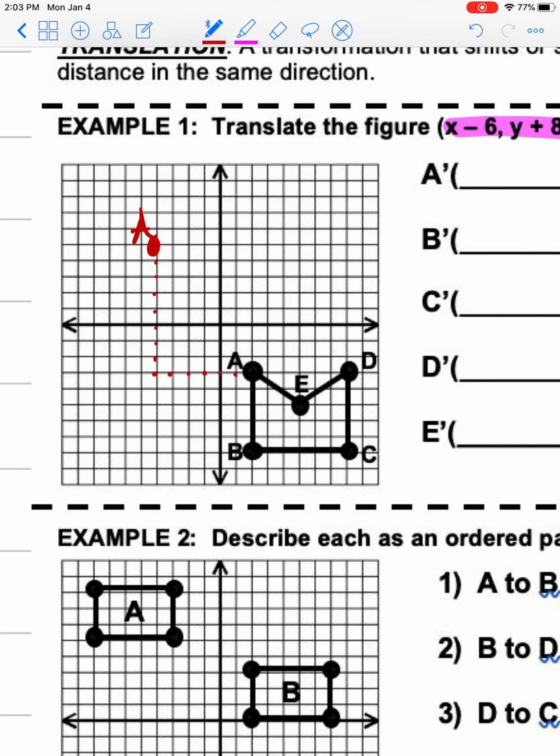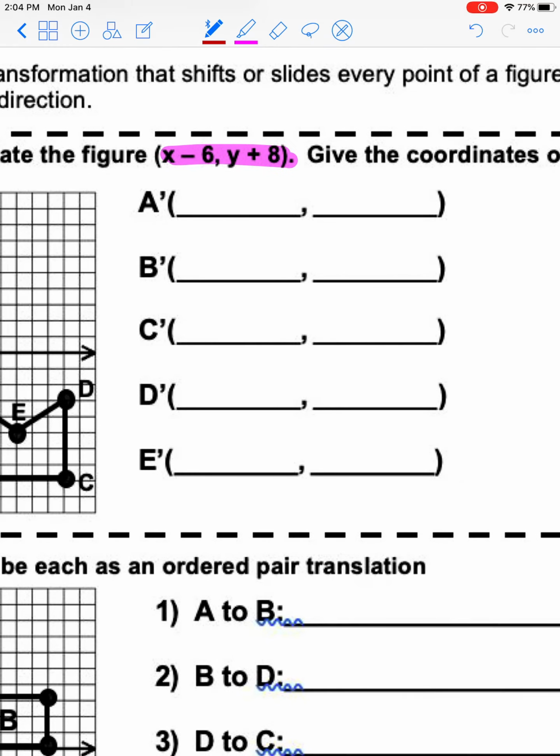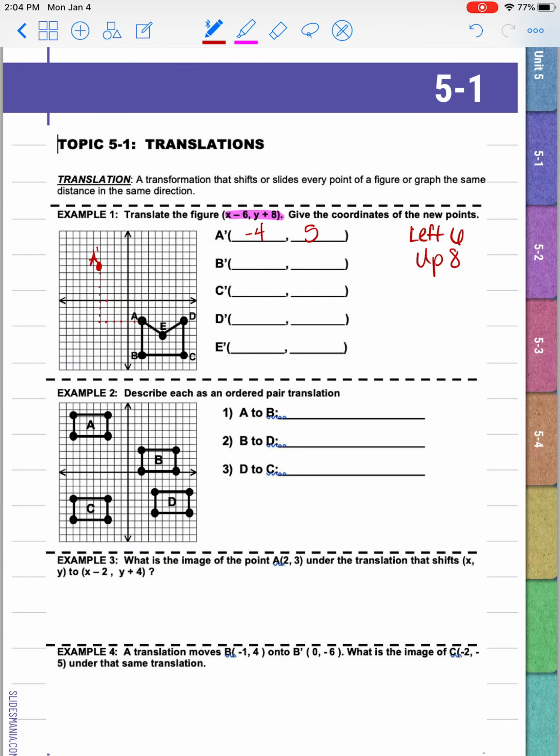Now, when you write this, you have to label your points on the graph. This is our new point, so you have to put this little mark that looks like an exponent of 1. We call that A prime. That's our translated point there. And so now we can see that that point, A prime, is at negative 4, 5. Okay, and then you can finish out the rest on your own.